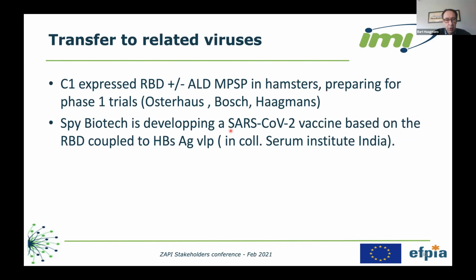And of course, there are many other initiatives at that level, and one is, for example, also the SARS-CoV-2 vaccine using RBD coupled to HBs antigens, which is done at the Serum Institute in India. Next slide.